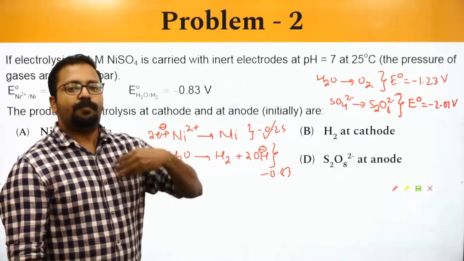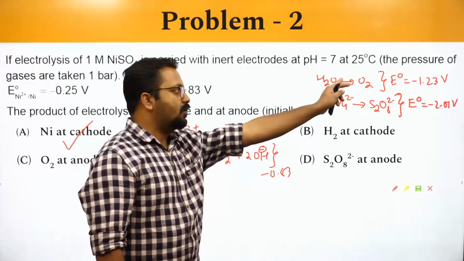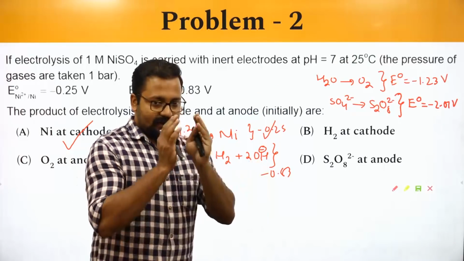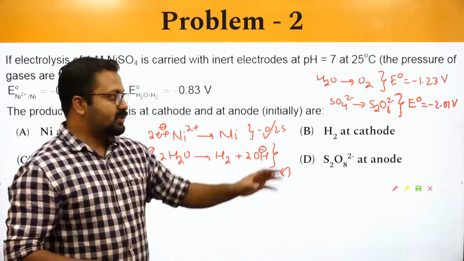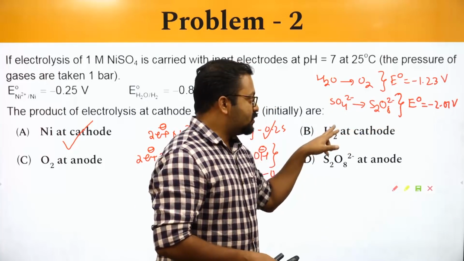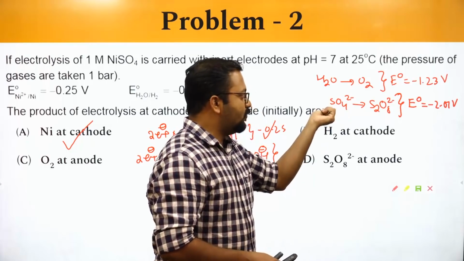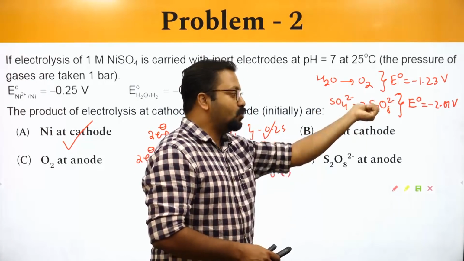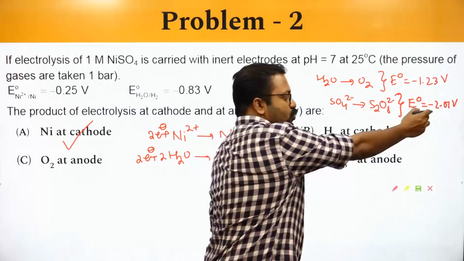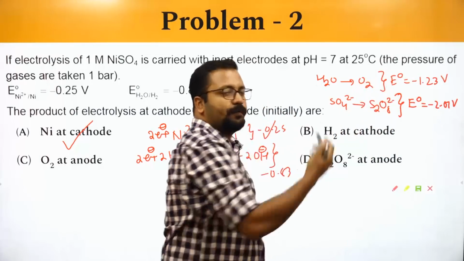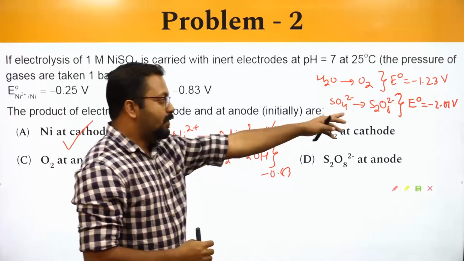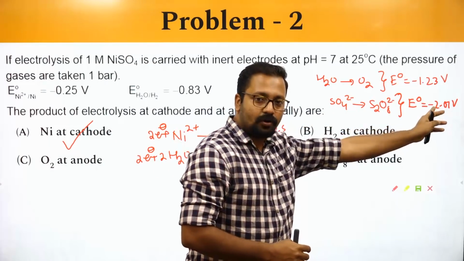So even if you take into consideration the overpotential of H2O converting into O2, that will give a smaller value as compared to the discharge potential of sulfate to S2O8 2-. In this reaction, this value is so high that overpotential plays a very small role, it is insignificant because of the very large E naught value here.